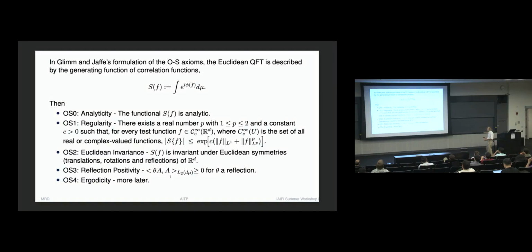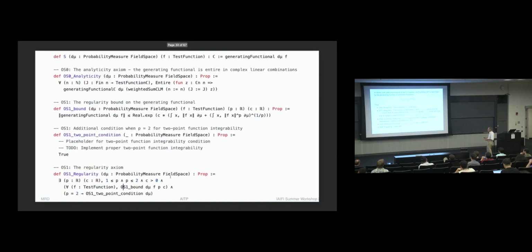So dμ is this functional measure, which you can define in many cases, though not the most sophisticated physics ones, but in many cases you can define it mathematically. Given that, this will be a generating function of correlation functions. And then there's a fairly short list of axioms, which fortunately was in the previous speaker's talk, that we need to formulate. And here's how they look in Lean.